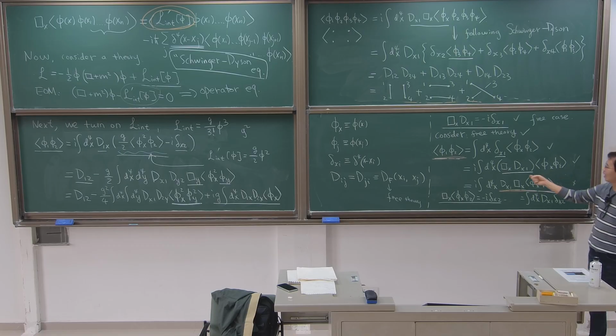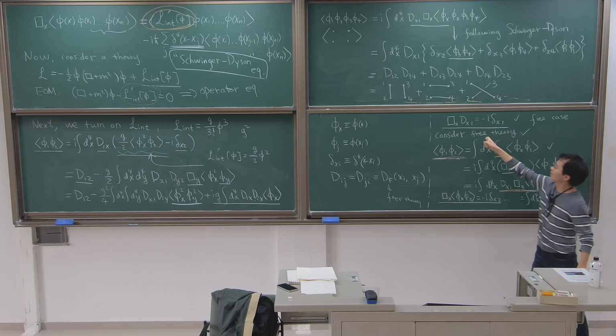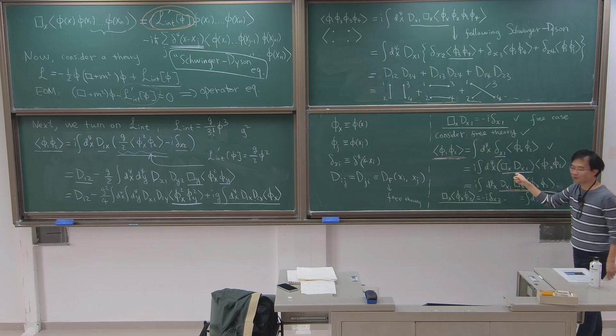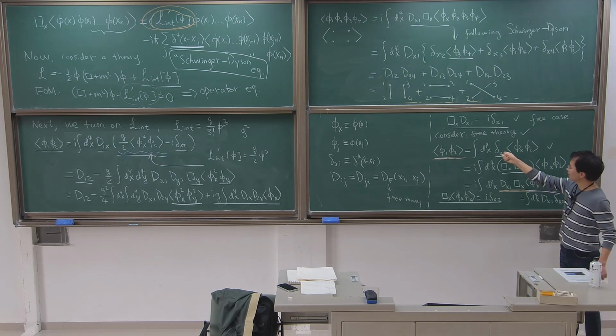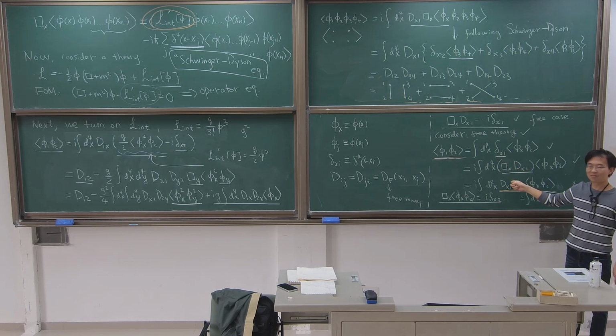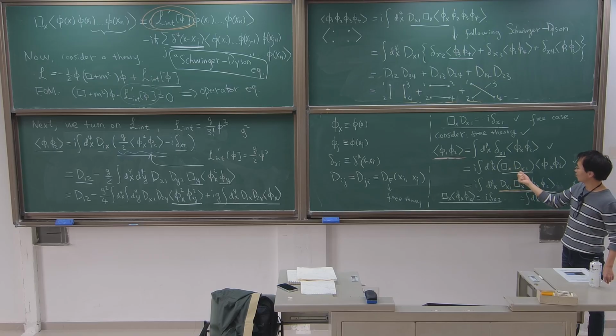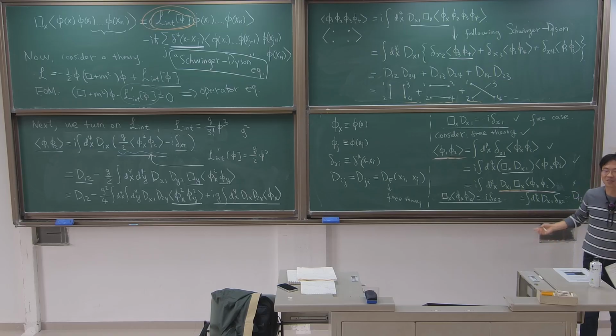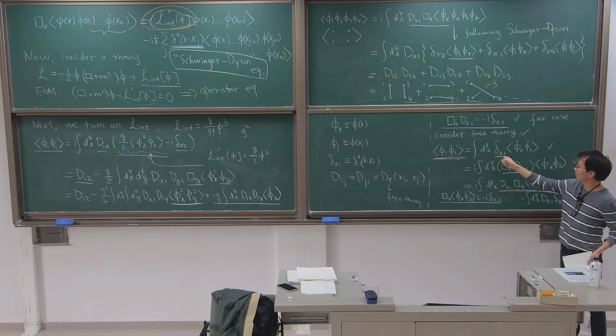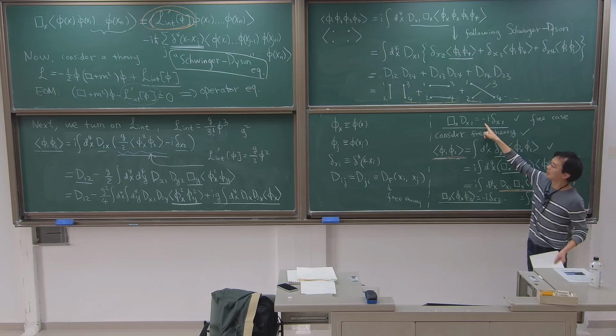So it's still okay because the delta function by definition is this one. Here I always use the D to denote the free two-point function. That's the point. So mathematically it's true, even though I use some structure like a D in the interacting theory. I just mathematically replace the delta function by this box D, by this equation.